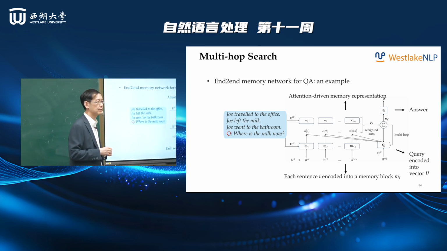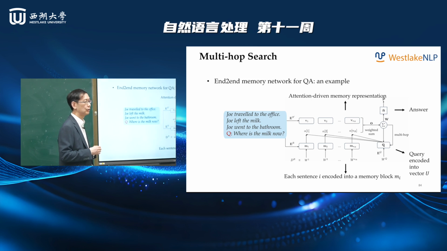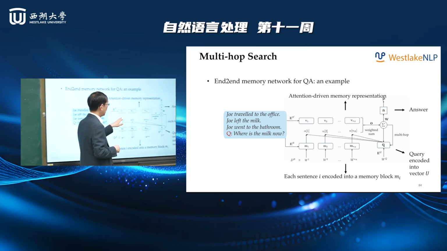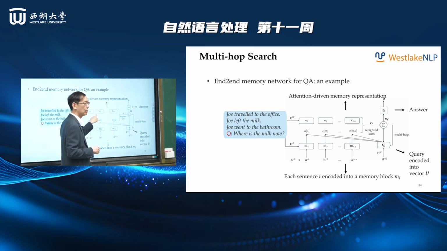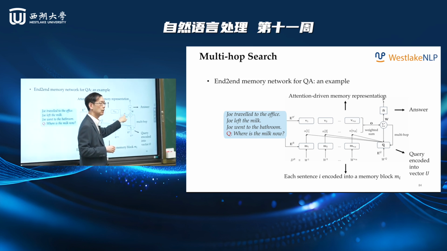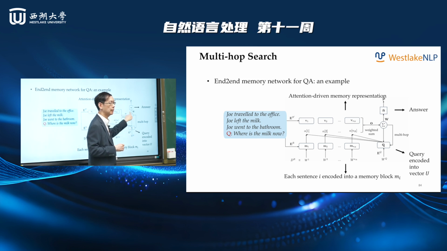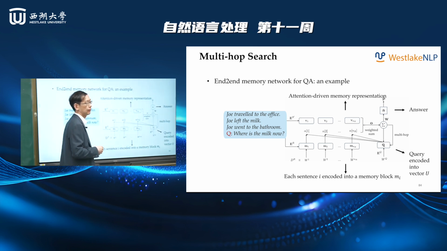So this idea is very similar to the question-answering neural network we saw earlier. And we find a weighted sum of this V as an evidence vector O. And I use this O concatenated with the Q to predict an answer A.